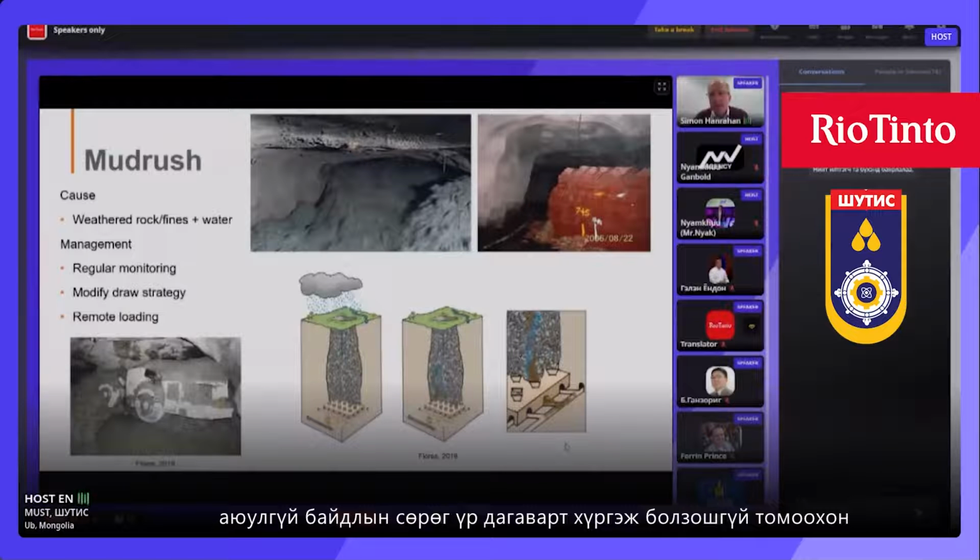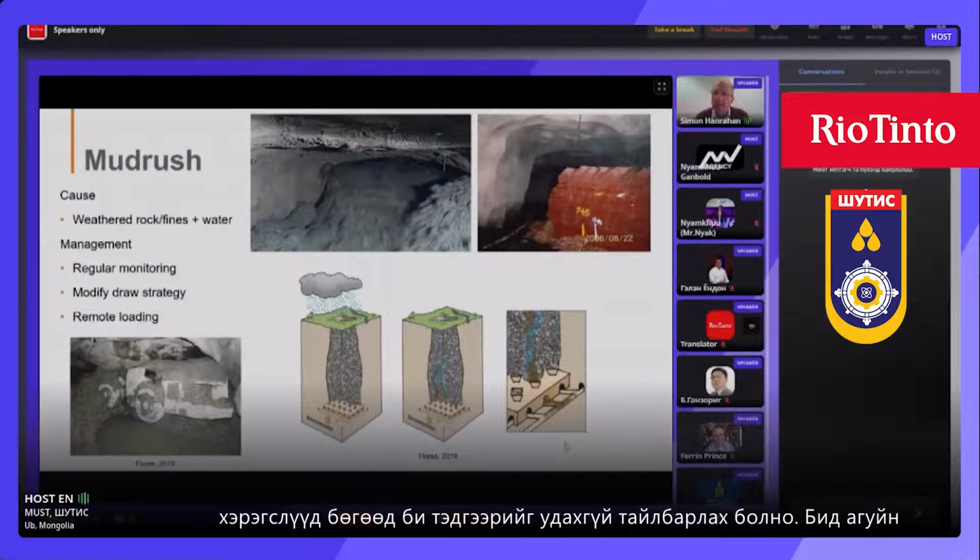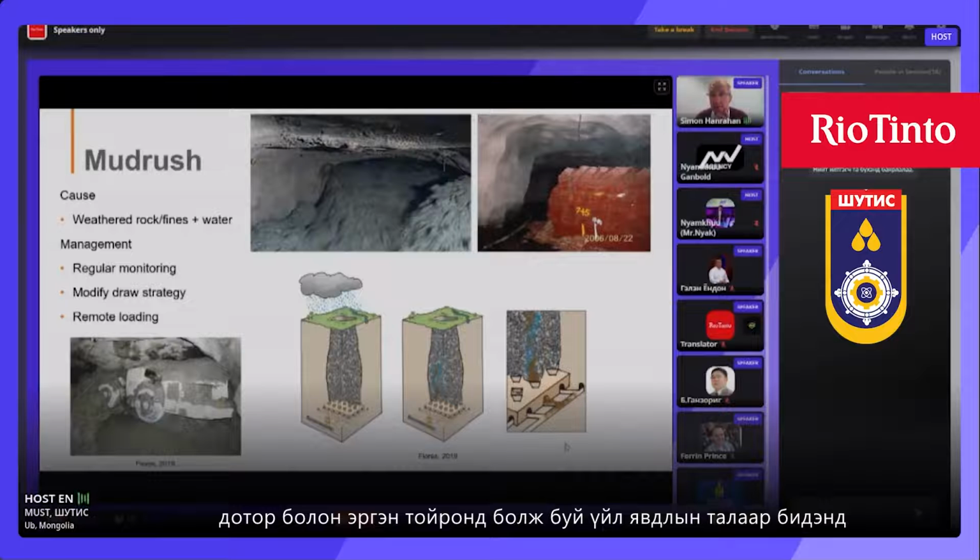And the figures in here, particularly the photos you're looking at, illustrate the sort of things that can occur underground, typically coming out of a draw point, where one way or another the rock mass liquefies, and typically it's when the rock is weaker and finer fragmentation, smaller particles, and you've got water, which then makes it liquefy, and then it wants to run away.